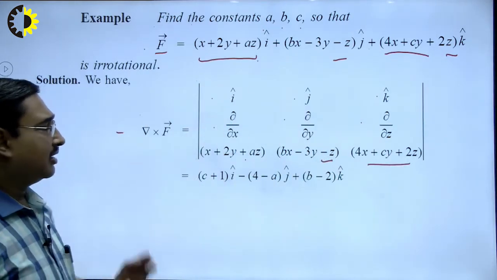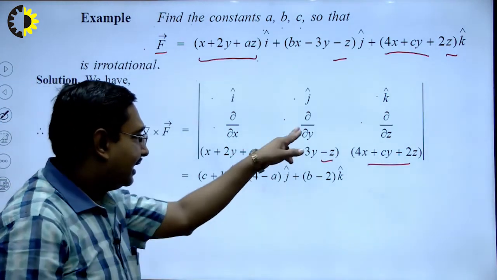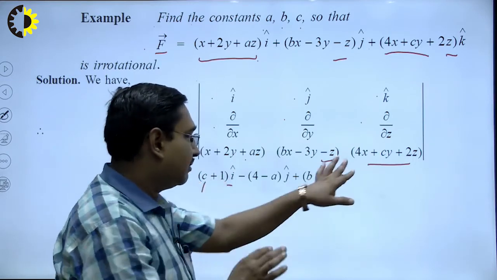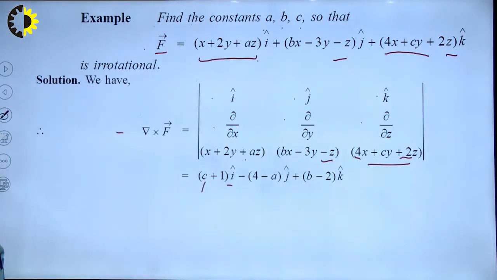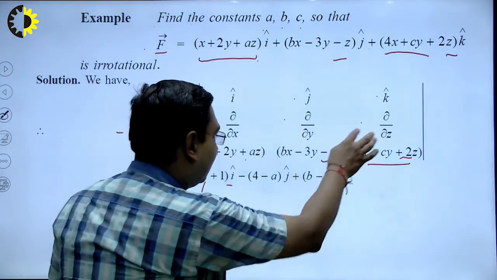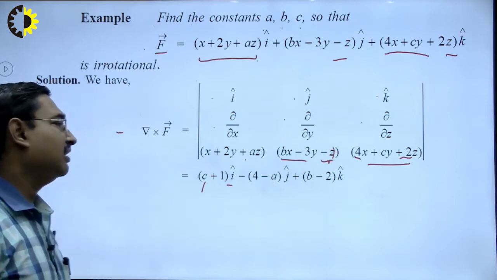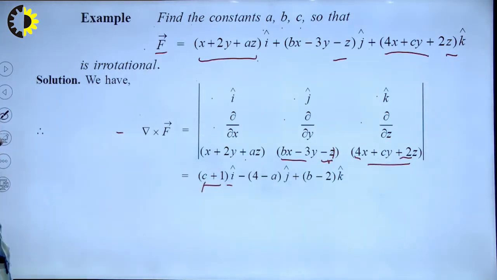Now this determinant will be evaluated. i cap, del over del y of this term will give simply c, because 4x and 2z will be 0 on differentiation. Del upon del z of this will give 1, these two terms will give 0, and it will become (c plus 1) i cap.